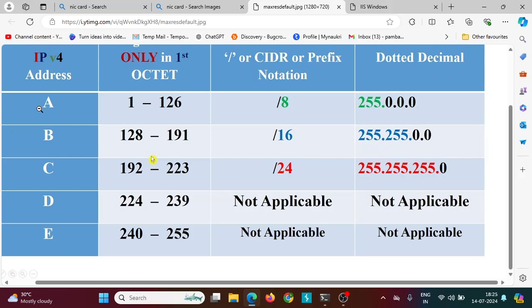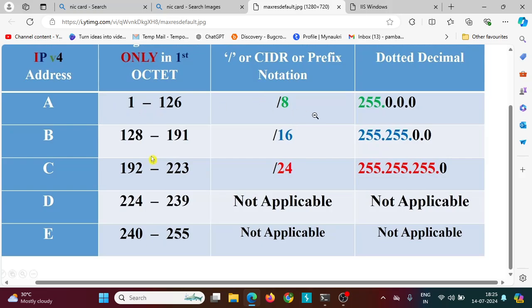This range is used by ISP providers or bigger organizations like Microsoft Azure, AWS, Amazon, and data storage services, which have a large number of systems connected to their network. For that connectivity, they use this large network.